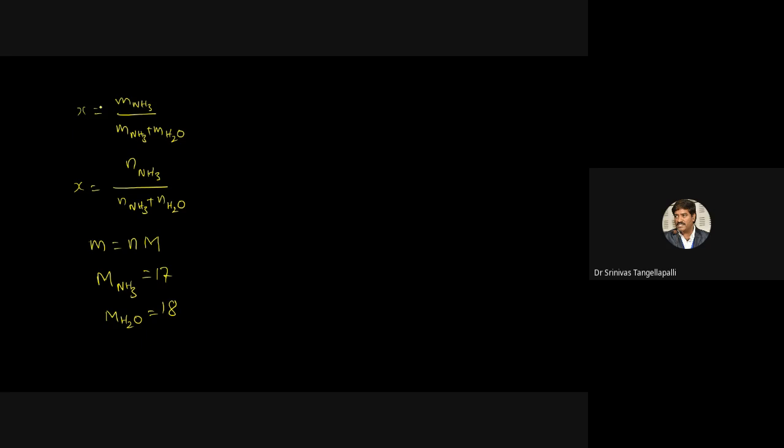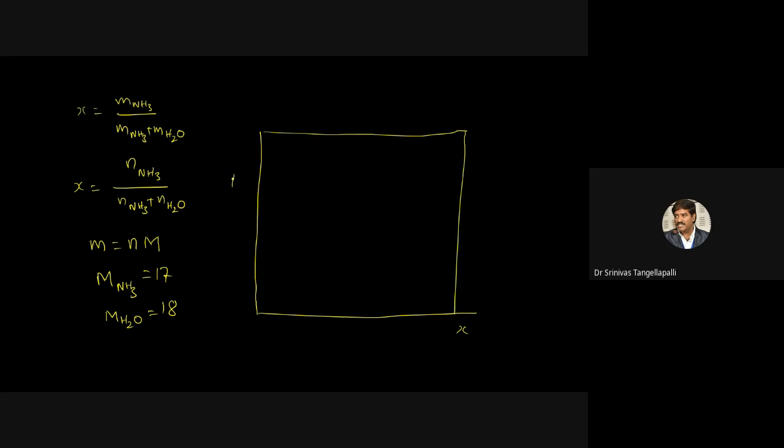X is called the concentration. Now the properties: the x-axis is the concentration, the y-axis is the temperature.